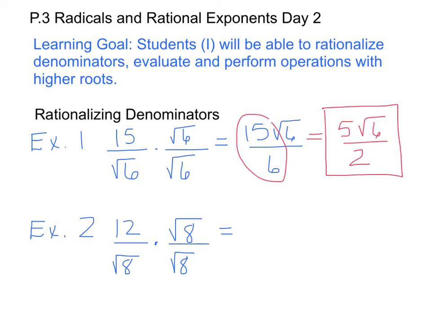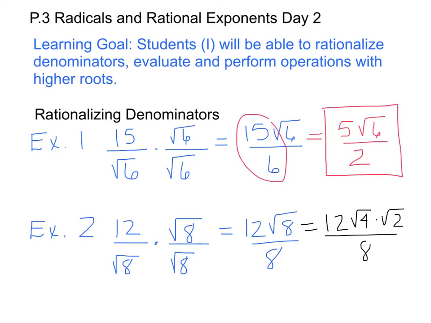Now, some of you all would do it like this, and you would get 12 radical 8 over 8. What happens here is the square root of 8 can be simplified. So you're going to have to simplify that to 12 times the square root of 4 times the square root of 2 over 8, which gives us square root of 4 is 2. 2 times 12 is 24.